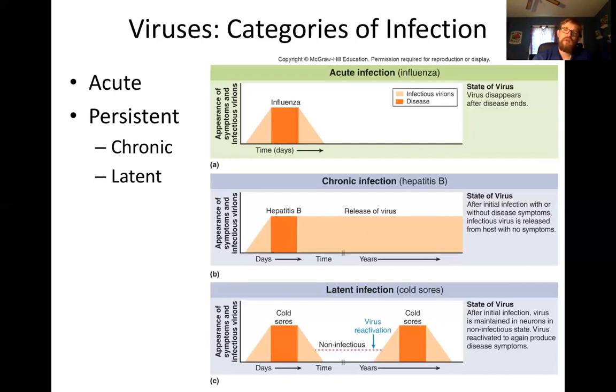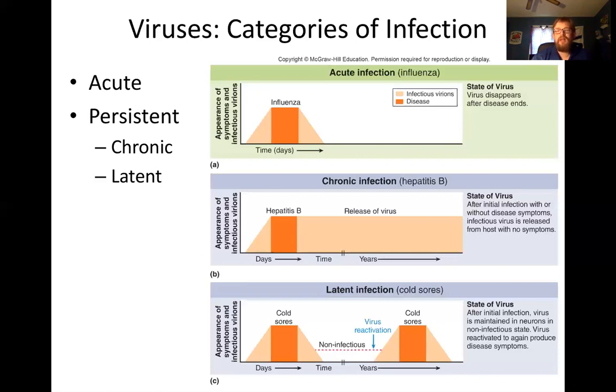Now, when we start to talk about hepatitis viruses, please do not think that these patients are fine. While that virus is present, it is causing severe damage to their liver, but this is kind of dangerous because if you're not tested and you don't know you have it, you kind of get over this initial bout of illness. You think you're fine. You interact with people in various ways, not knowing that you have the virus, and then the virus can easily be spread. Most of you have hopefully been vaccinated for Hep B, though.